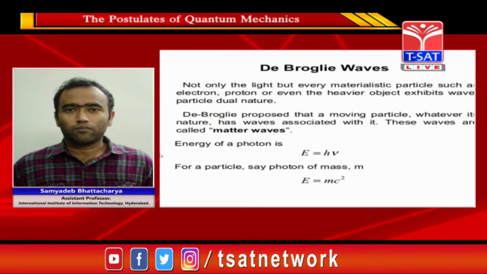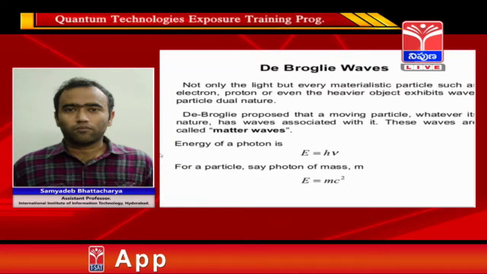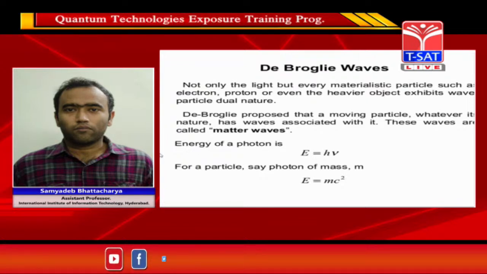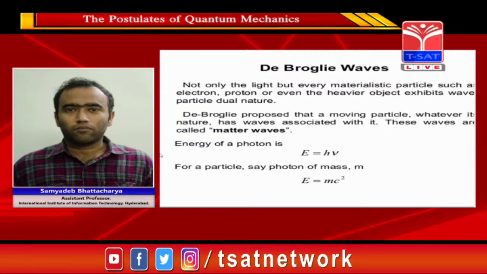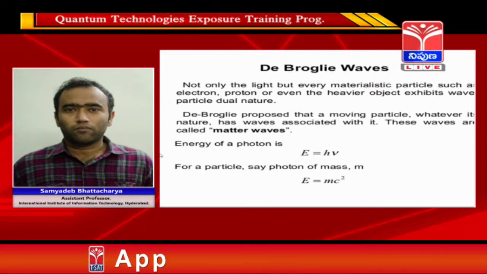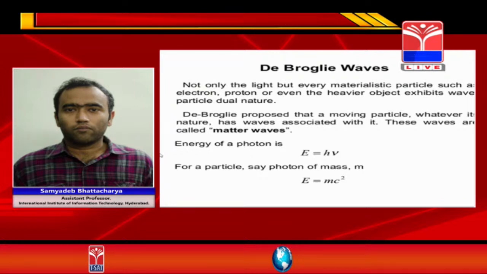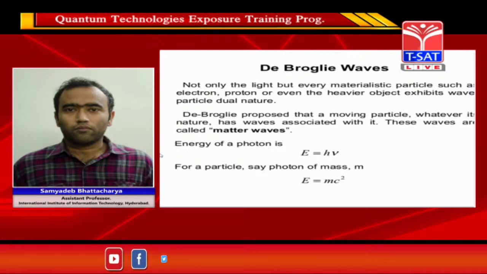De Broglie gave the concept of something called matter wave. He said that a moving particle, whatever its nature, is always associated with a wave which is called a matter wave. And then he gave a law for that. The energy of a photon is E equals h nu.